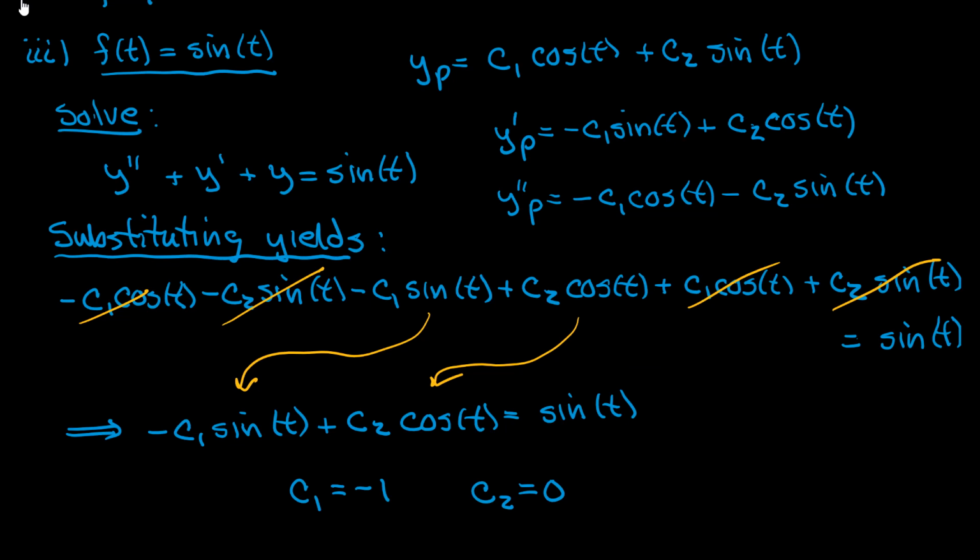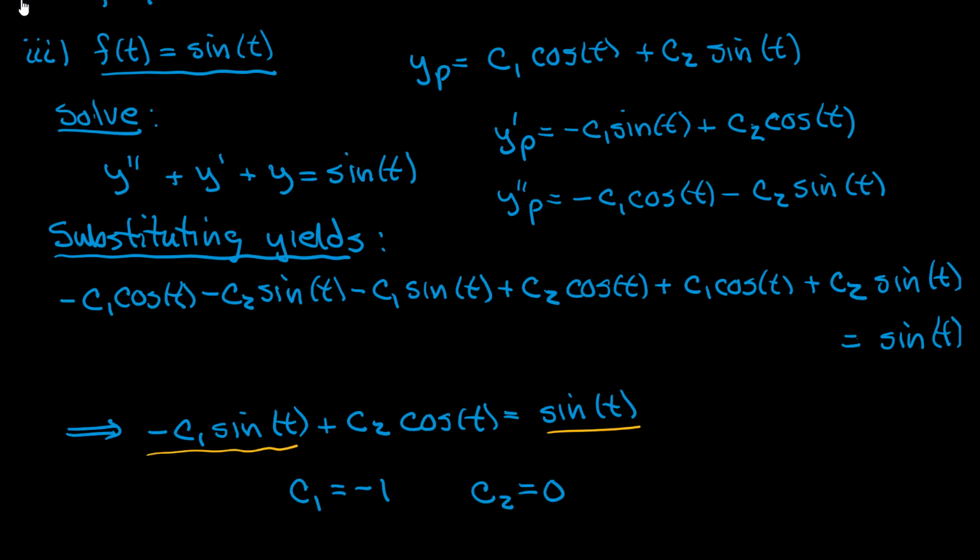Notice in this situation, what's going to wind up happening here is our sine of t on the right-hand side will correspond to this negative c1 sine t on the left side. If we divide both sides by the sine of t, obviously we're going to have to limit our domain here so that we can avoid dividing by 0.